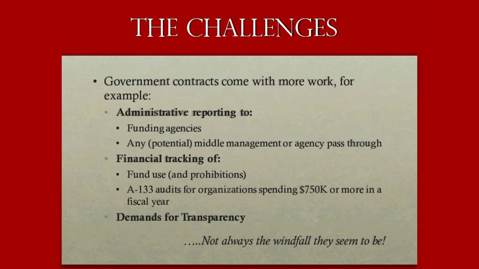This is a very detailed, very complex audit conducted by a CPA firm that looks at not just your financial infrastructure and use of funds, but walks through all of any unique strictures of a government contract to ensure that the organization is doing what it said it would do and is tracking its funds accordingly.